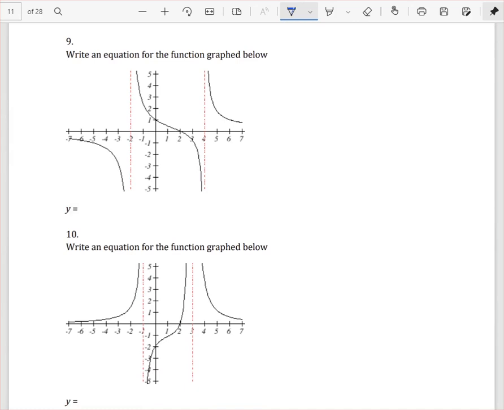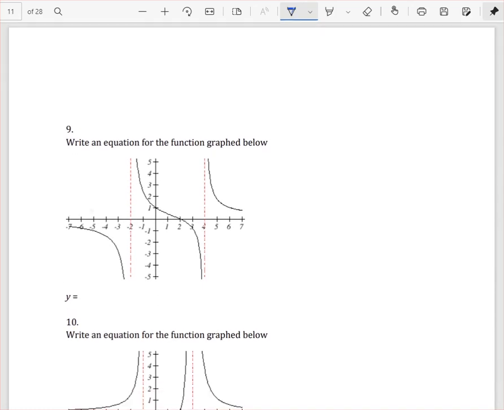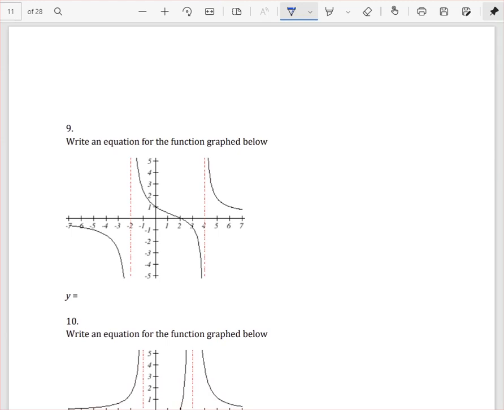Now write the equation from the graph. Okay, so let's locate the asymptotes. Basically, we're going to locate the information they gave us on the other problems first, and then we write the equation. So, let's see. Give myself some space here. And let's see the vertical asymptotes, because that's going to give us the bottom.